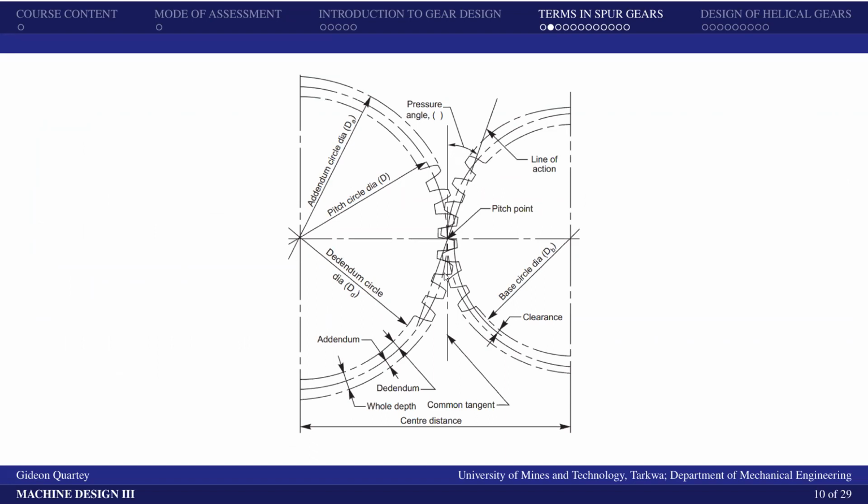All right, so this is the common tangent. That is, if the two discs or the pitch circles of the gears are in contact, where they are in contact, if you draw a line through that such that the line is tangential to the pitch circle of one gear and tangential to the pitch circle of the other one.